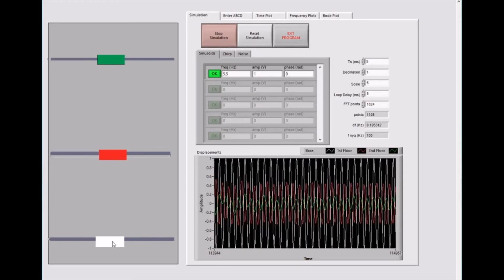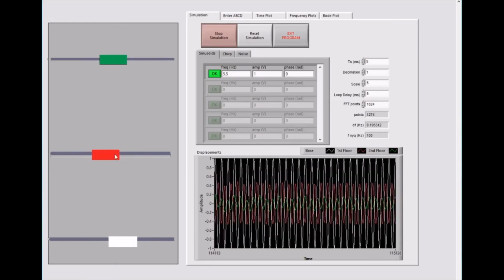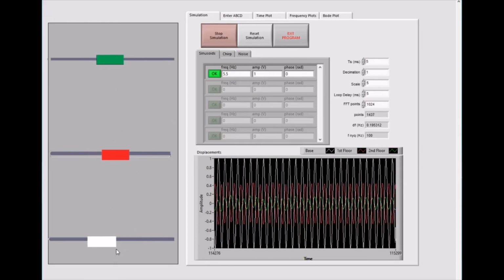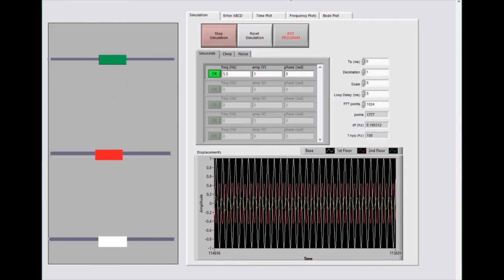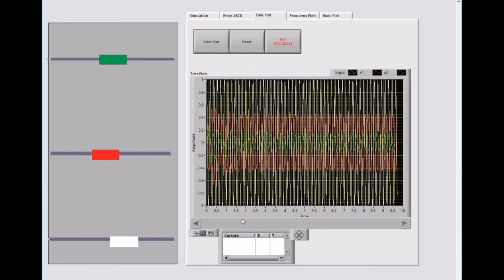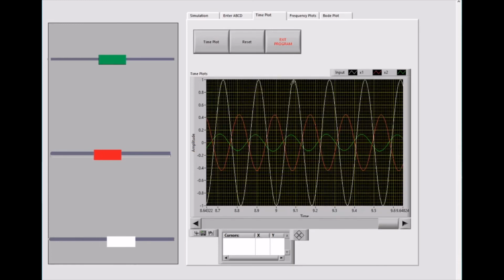First and second out of phase. Second and third out of phase, right? And the base and the second floor, they're in phase. Can you see that, just looking at the time plot? The base and the second floor are almost in phase, the base and the first floor, these two are out of phase. So you can see this.